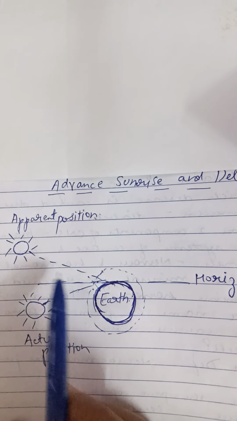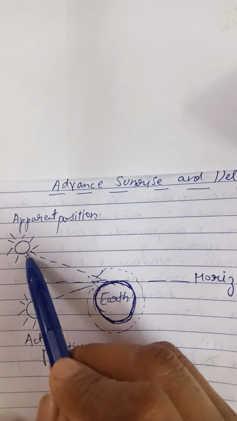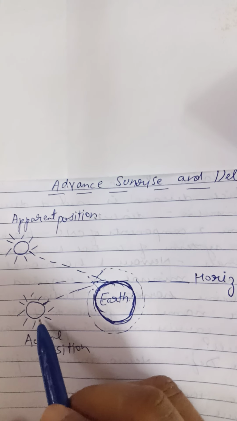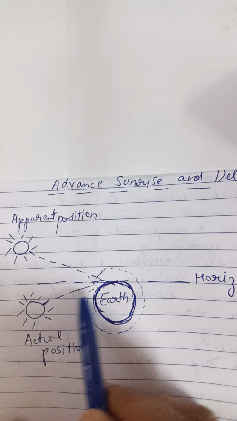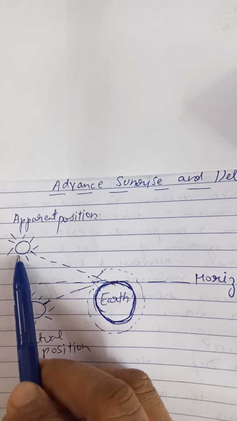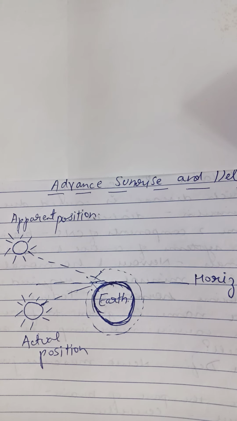So if you trace the path, the sun will appear here. Actually the sun is here, and the position of the sun is not changing, but due to the refraction of the light, it appears to be here. This is the mechanism of the advanced sunrise and the delayed sunset.